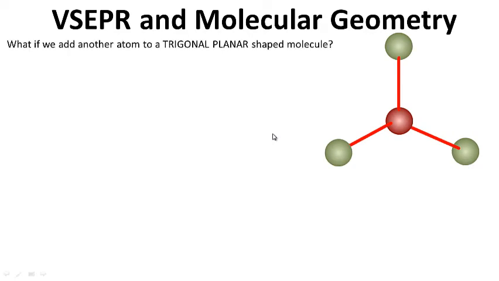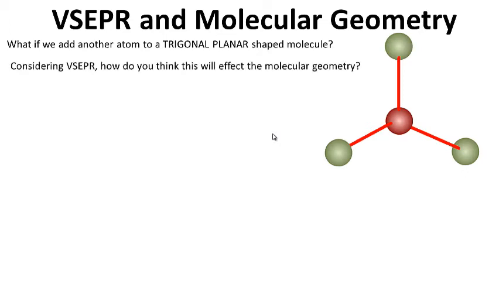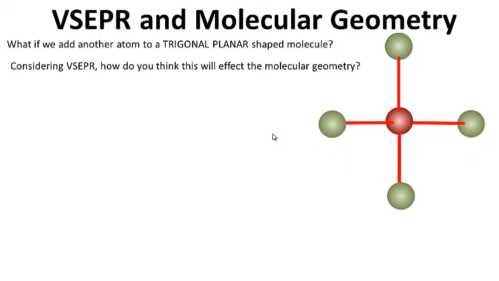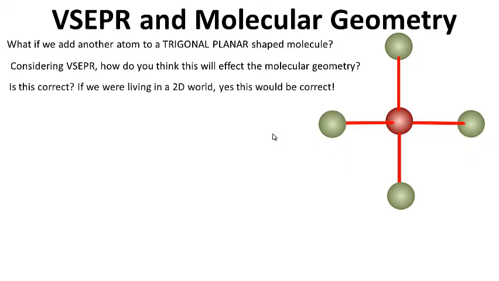Well, what if we added yet another atom to a trigonal planar shaped molecule, okay? Considering VSEPR, how do you think this will affect the molecular geometry? Well, let's find out here. Okay. Is this correct? If we were living in a 2D world, yes, this would be correct. Okay.